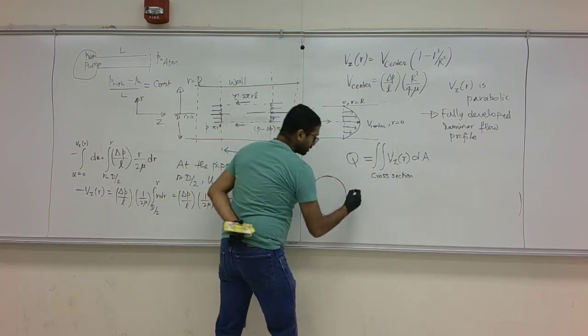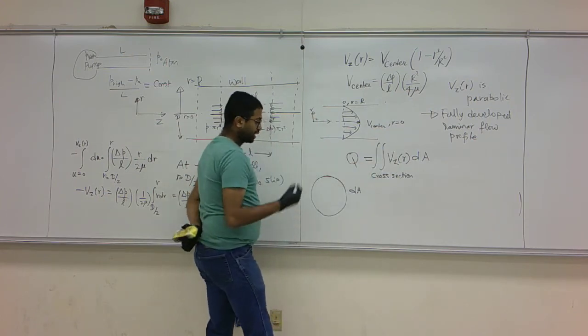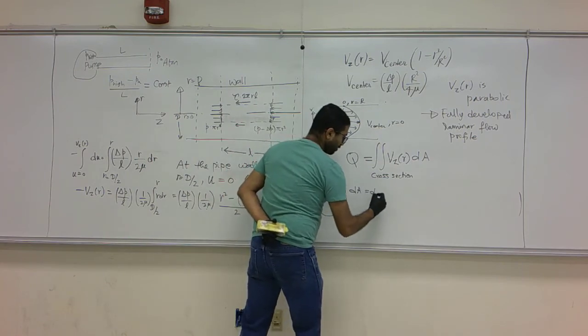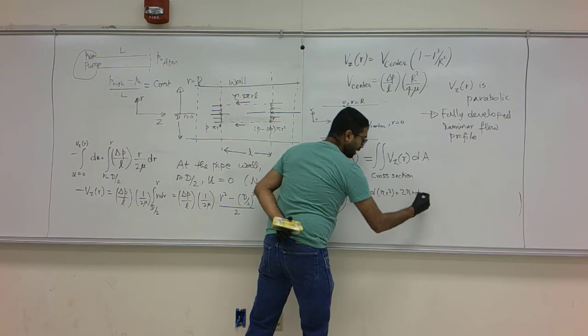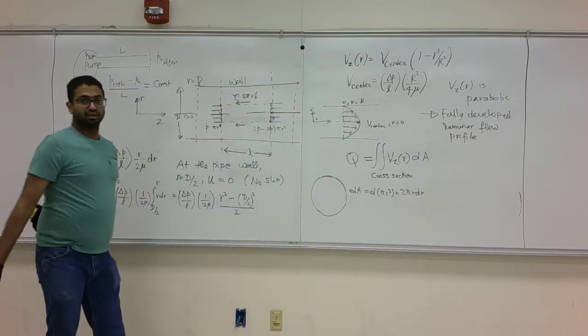you can consider this area element in two ways. This is the differential of the area, which is equal to 2 pi r dr. That's the simplest way.